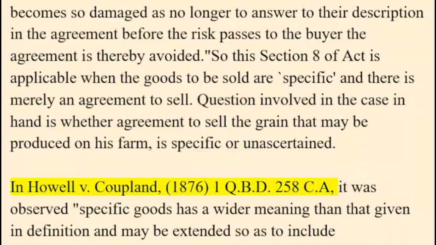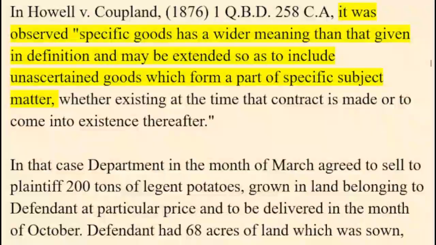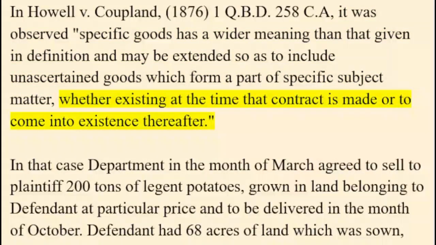In Howell v. Copeland, 1876, 1 QBD 258 CA, it was observed that specific goods has a wider meaning than that given in the definition and may be extended so as to include unascertained goods which form a part of a specific subject matter, whether existing at the time that the contract is made or to come into existence thereafter.